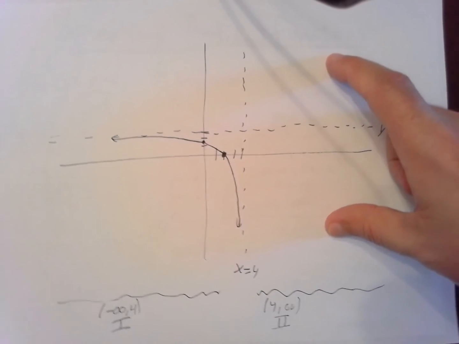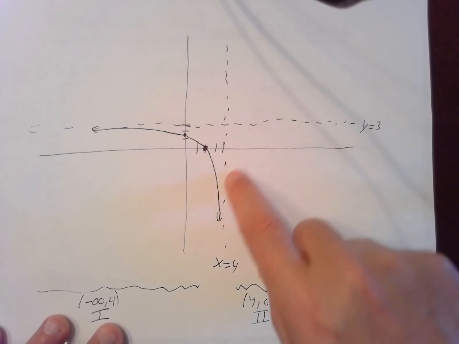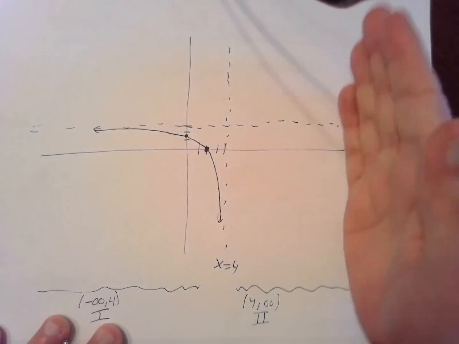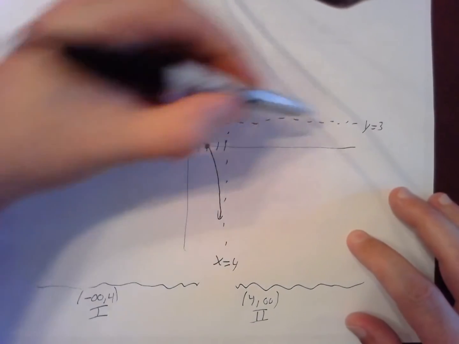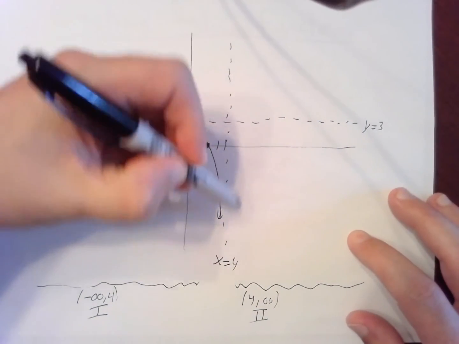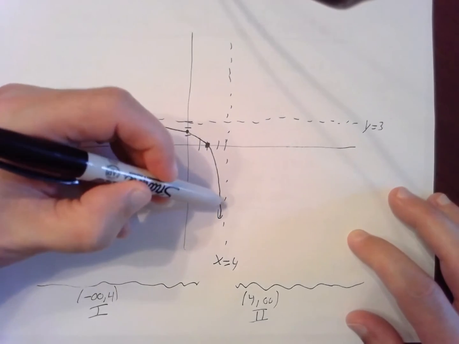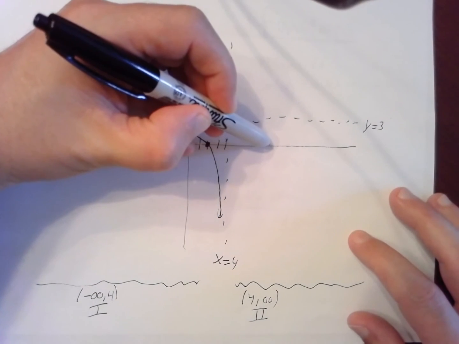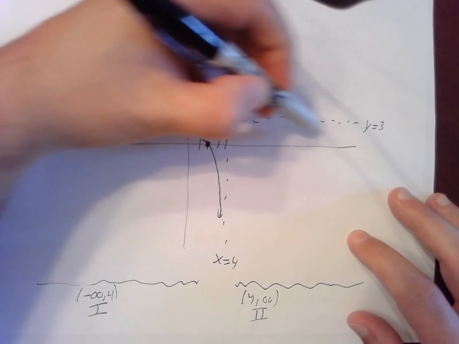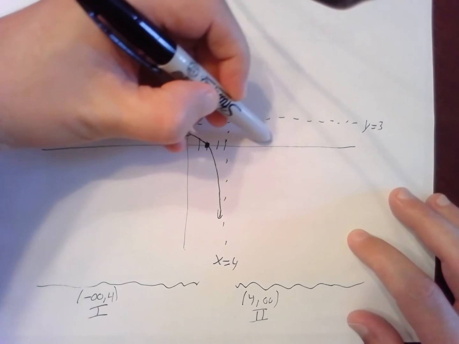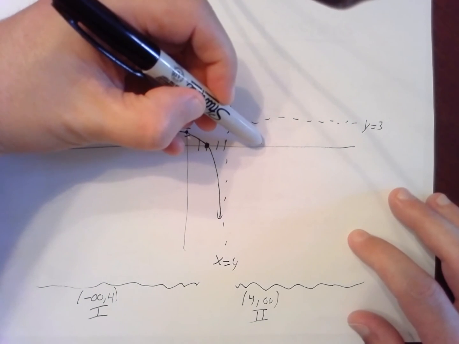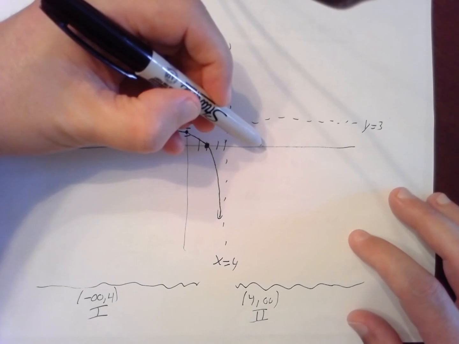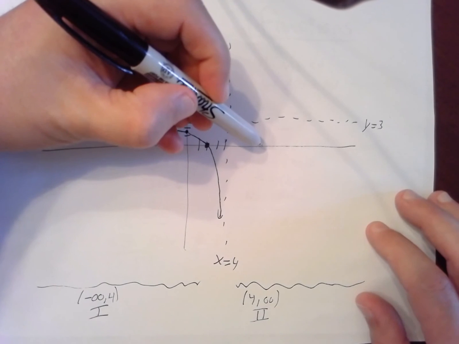What about over here in section 2? Could the graph look similar, be kind of like that reflected over here? Could the graph live right here? Well, if it did, I would have an x-intercept right there. Look, if the graph is in here, boom, x-intercept. I know there's not an x-intercept there because I didn't draw a dot right there. I found all the x-intercepts.